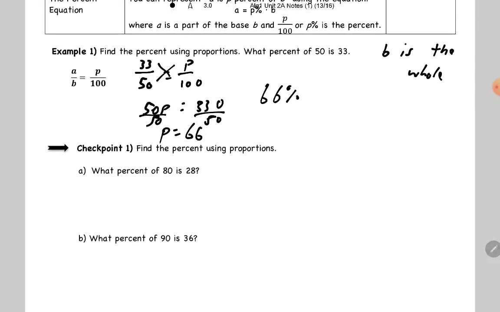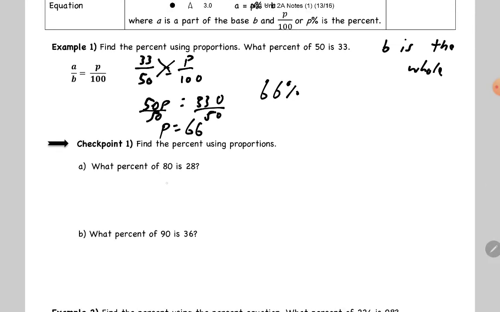B is the whole number, so what percent of 80 is 28? So we have 28 over 80 equals P over 100. I'm looking at 28 over 80 first because I want to work with easier numbers.